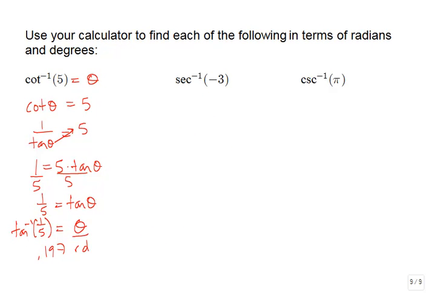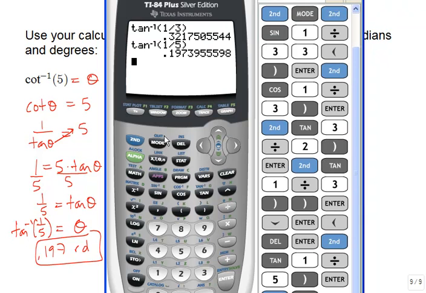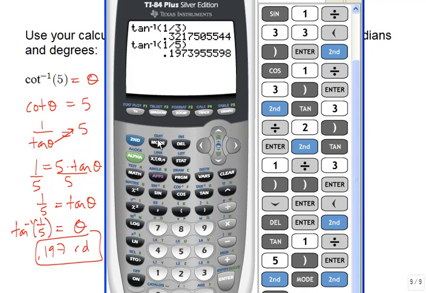And you could always convert to degree mode if you needed it in degrees. So let's go ahead and do that. Whoops.